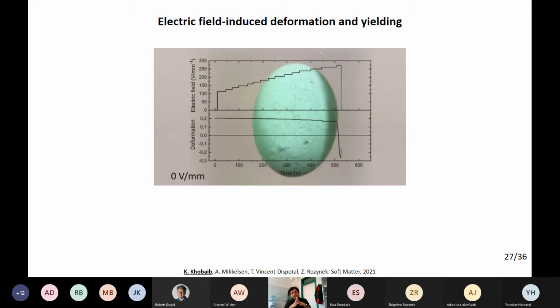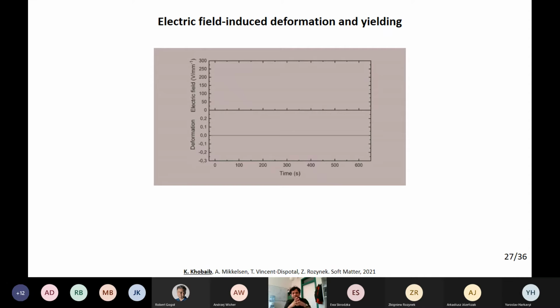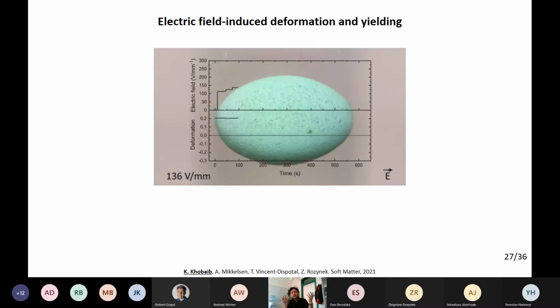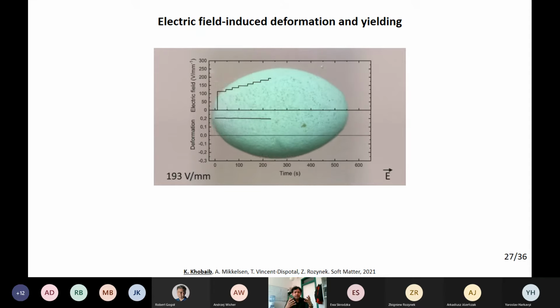The result determines that this type of particle shell behaves as a Bingham plastic material. At lower electrical state, it behaves like a solid material, but when we apply a stronger electric field, it behaves like a liquid material.